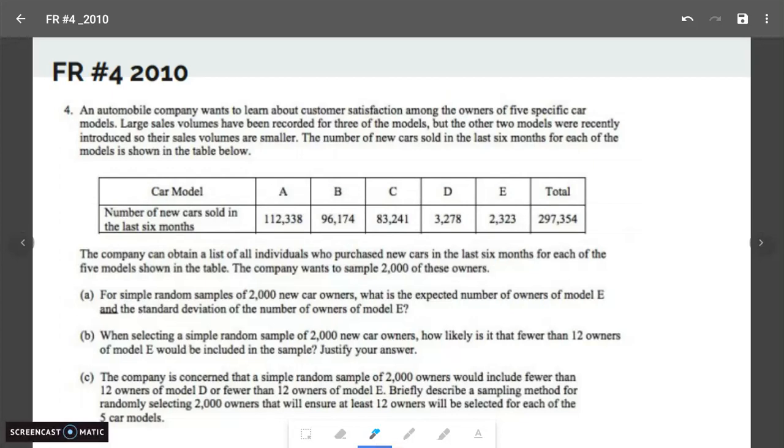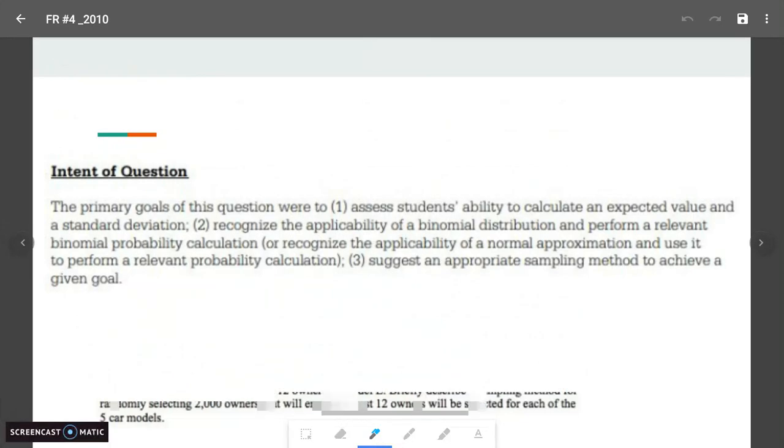So first, let's break down the intent of this question. It's got 3 parts, A, B, and C, and that's how the grading was broken up. College Board said the intent was, first, to assess the student's ability to calculate an expected value and a standard deviation, which is straightforward from part A. Second, to recognize the applicability of a binomial distribution and perform a relevant binomial probability calculation, or recognize that a normal approximation can be used to perform a relevant probability calculation.